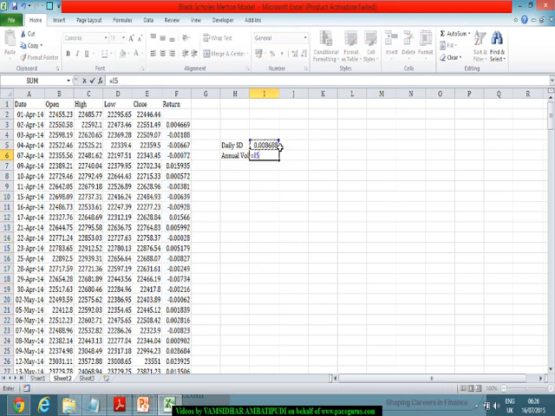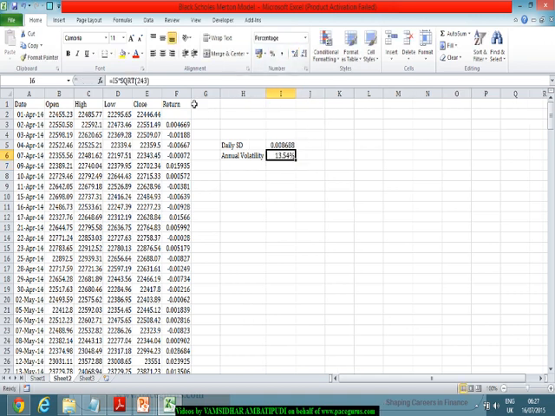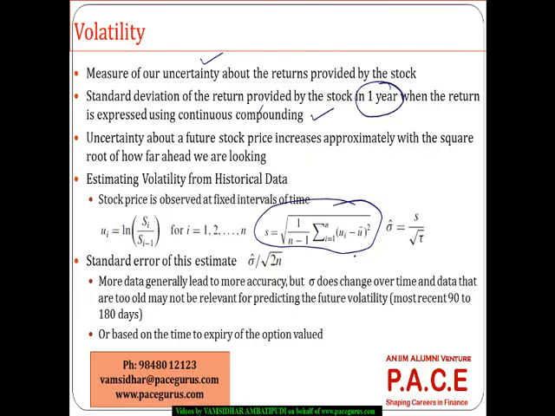The daily standard deviation is converted into annual by multiplying it with the square root of the total number of trading days. So I can say that the annual volatility of the Sensex is around 13.54%. This is the way we are computing the historical volatility.